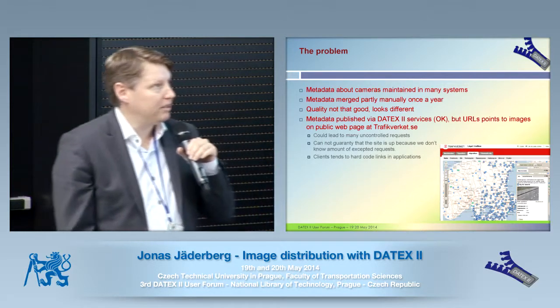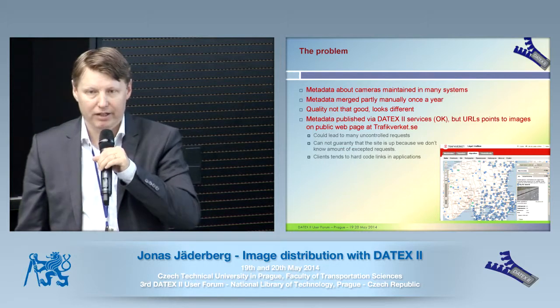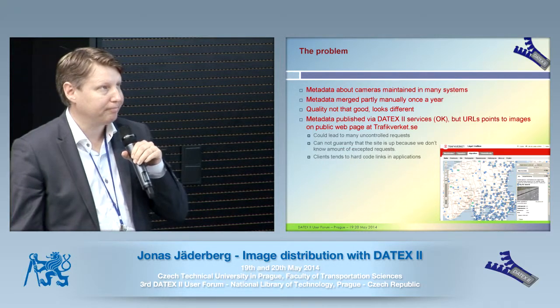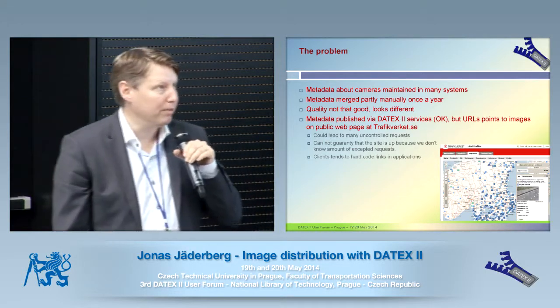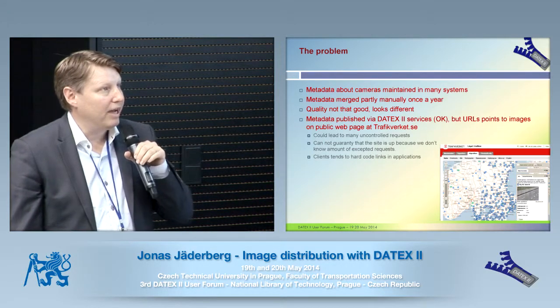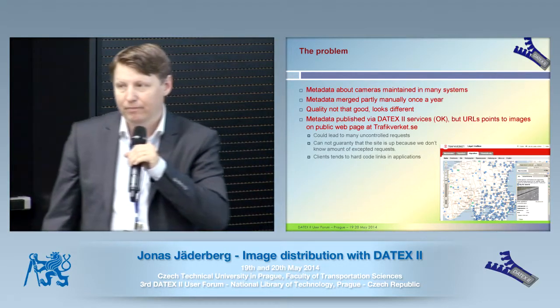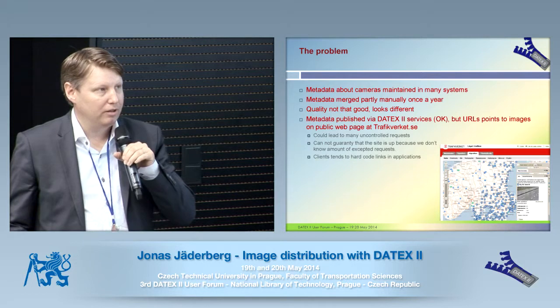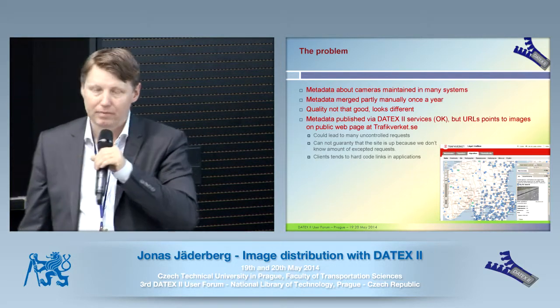We did publish the metadata about the cameras via Datex II web services, and that was okay, no problem with that. But we pointed to URLs in these services that were to our public web page.